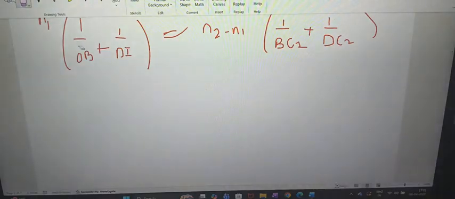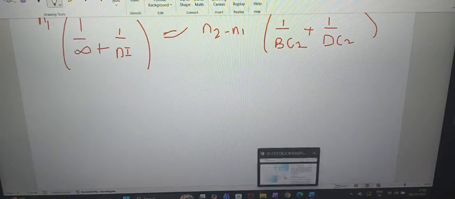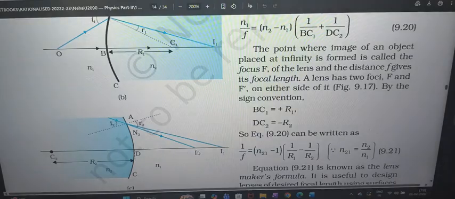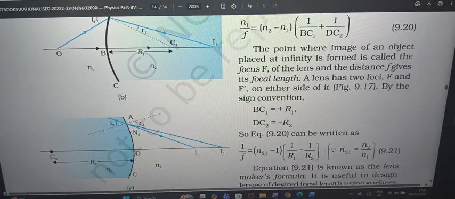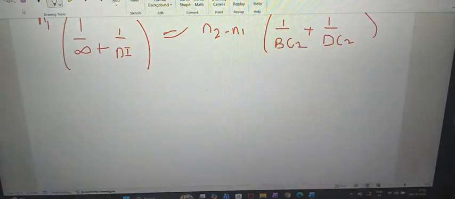If I consider it to be infinity, then DI is nothing but the image distance. If the object is at infinity, where should the final image form? At focus. If it is forming at focus, from the pole if I'm taking the measure, the image distance will be nothing but the principal focal length. So focal length I can write here, represented by small f.